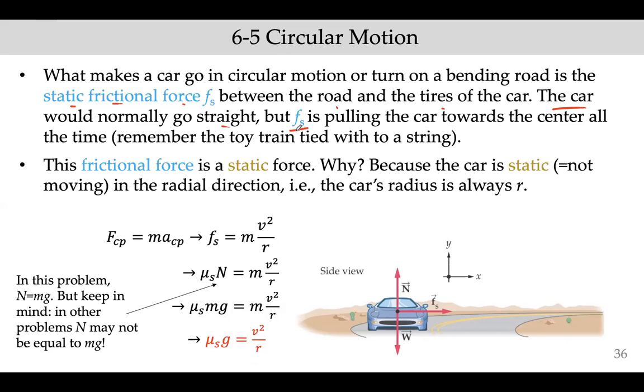But this Fs, static friction force, which is shown here, is between the tires and the road, and it's pulling the car towards the center. The center is somewhere here all the time, just like I pulled the toy train to the center. So this static friction force is pulling the car towards the center all the time.